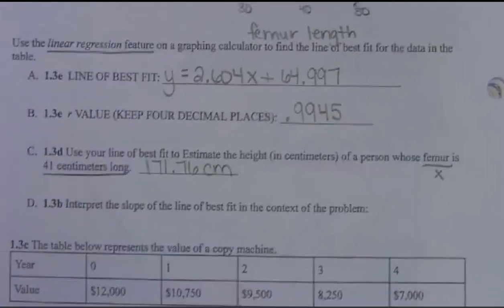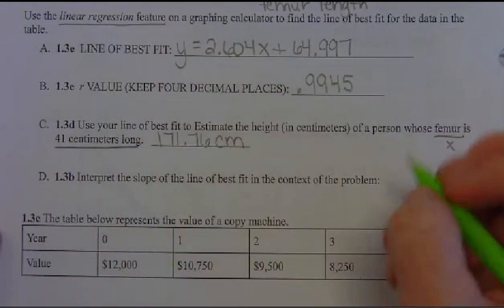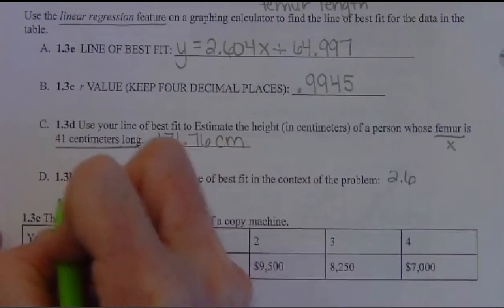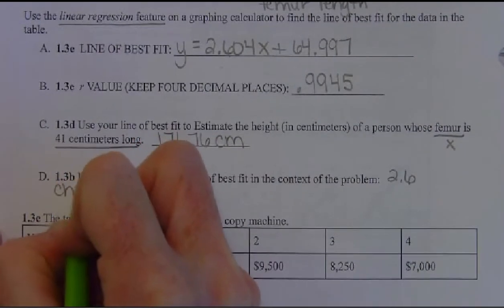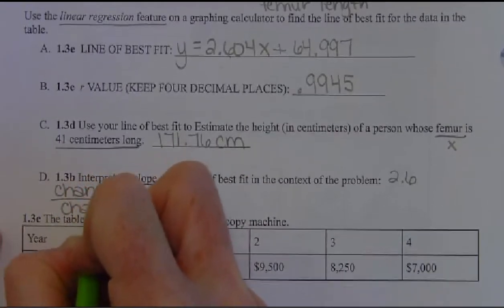Next it says to interpret the slope of the line of best fit in the context of the problem. So our slope here was approximately 2.6. So if you remember, slope is always change in y's over change in x's.